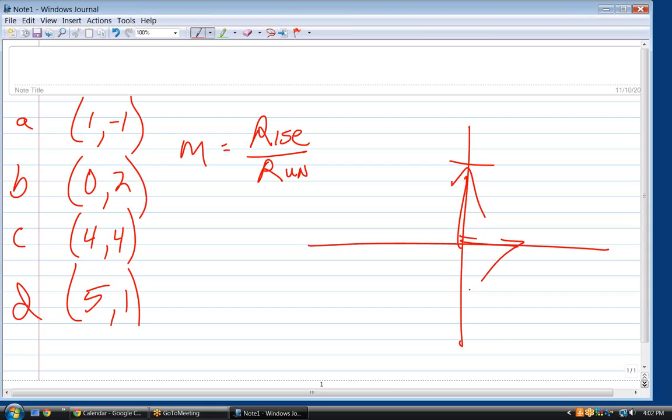Which one is the change in y's and which one is the change in x's? The change in y is the first, the 1 and 0. Rise, exactly. So I can replace that by the change in y, and I can replace this by the change in x.